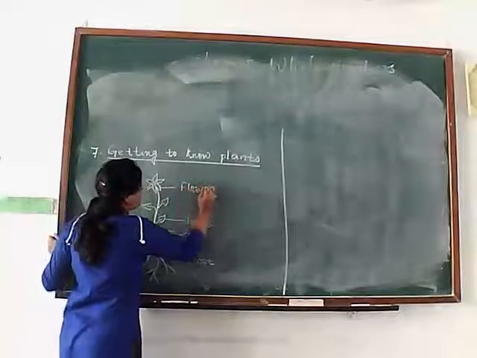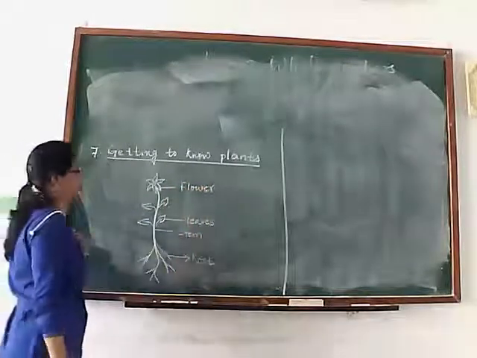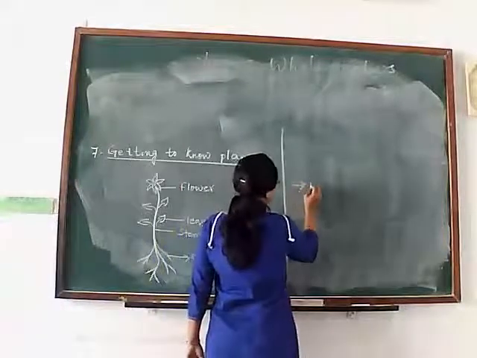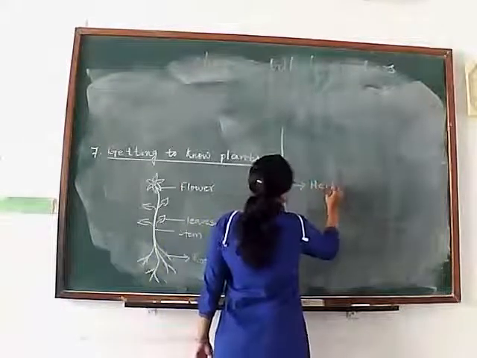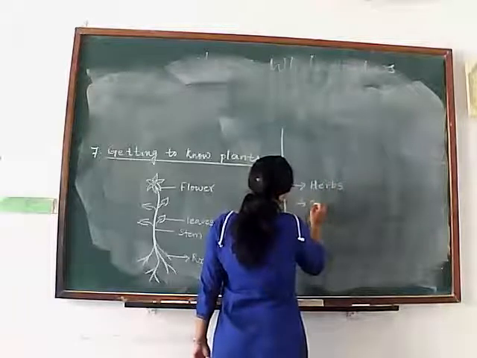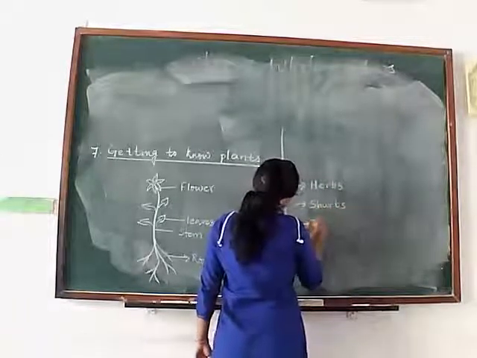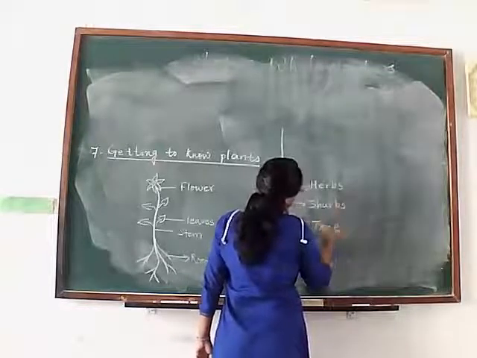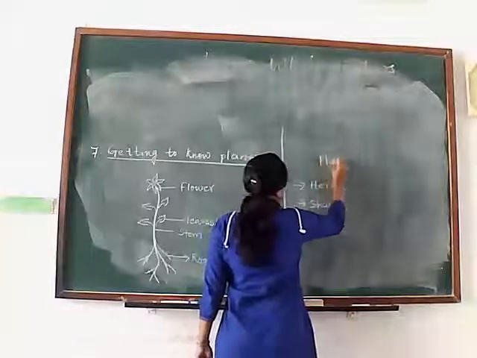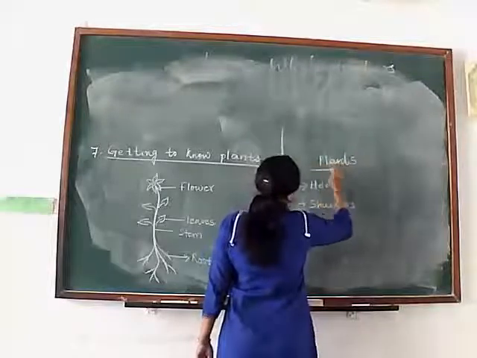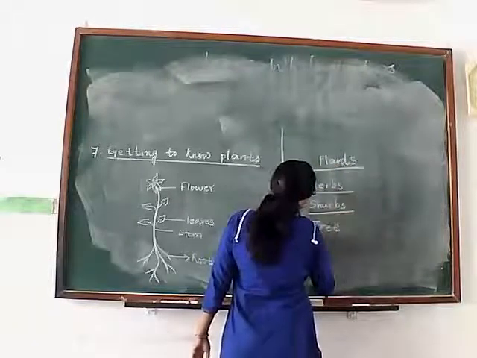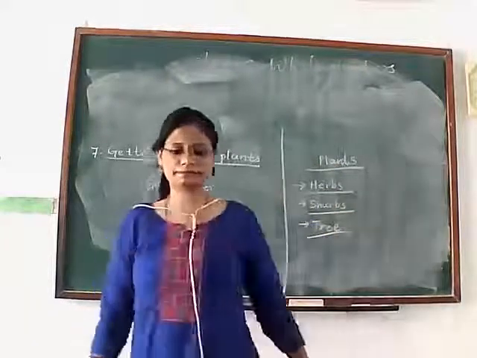There are different kinds of plants. There are herbs, shrubs, and trees. Plants are of three types.